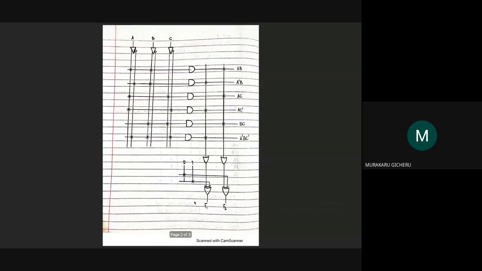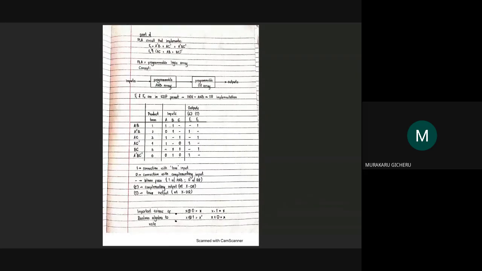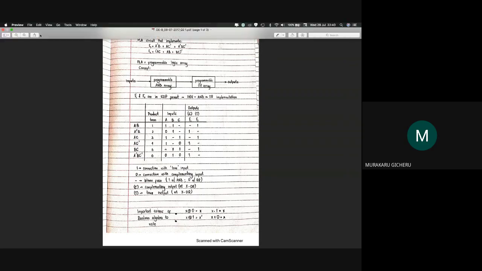Since, as you can see, F1 is not complemented at the XOR, it is just given as is. I have made a mistake. This should have been T, and this should have been C. I'm sorry, I will correct that.